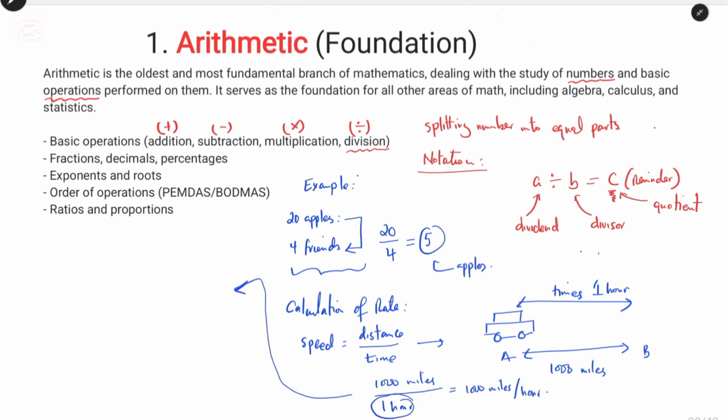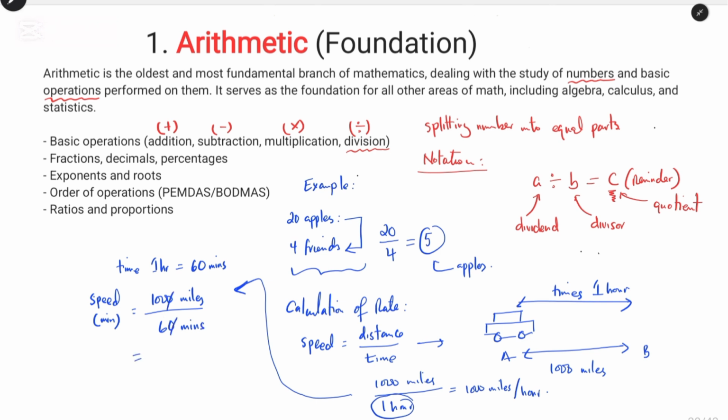And you can also find the distance which you covered per minute. We all know that the time 1 hour is equivalent to 60 minutes. And if you want to find the speed per minute, you can simply say speed in minutes is equivalent to 1000 miles per 60 minutes.